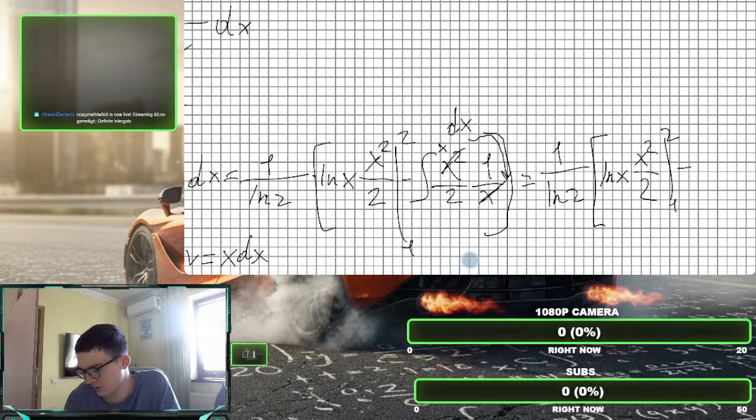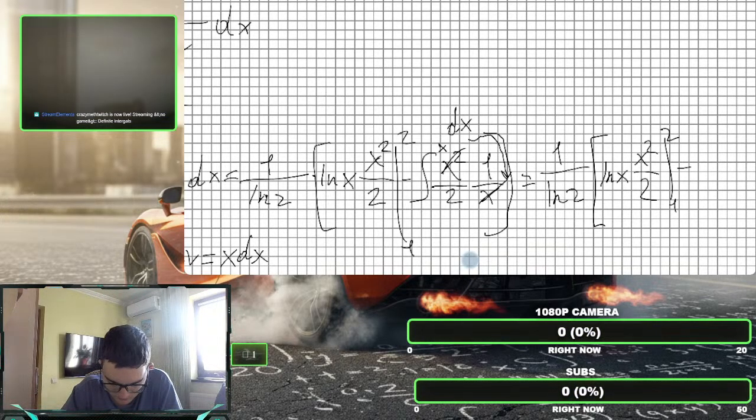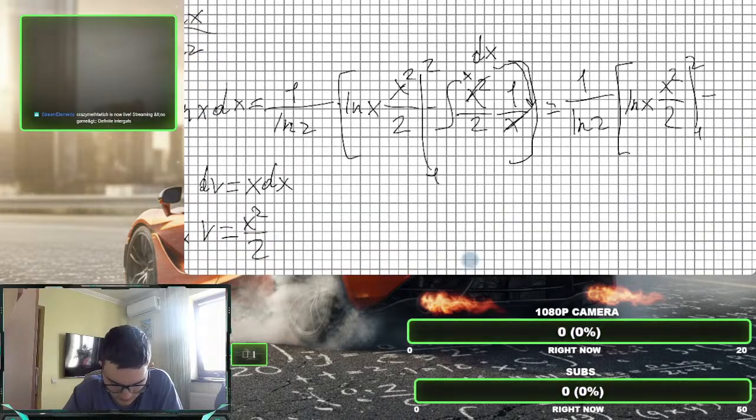I think I need to use some kind of u substitution here to do x divided by 2. There's no need for integration by parts.